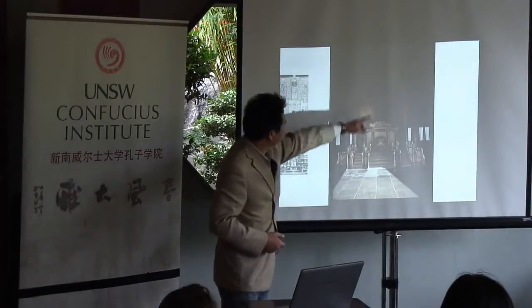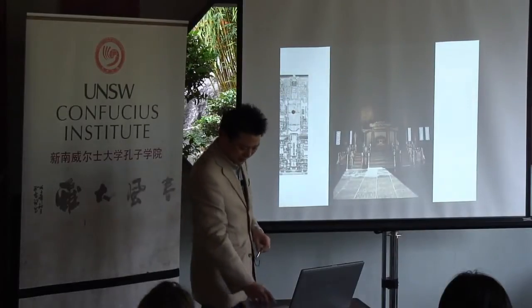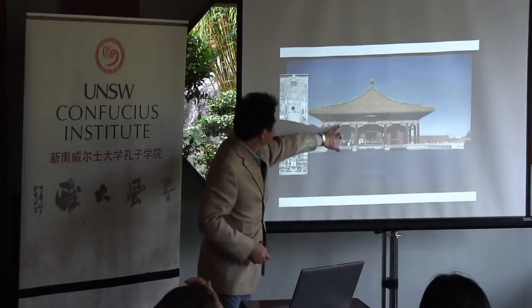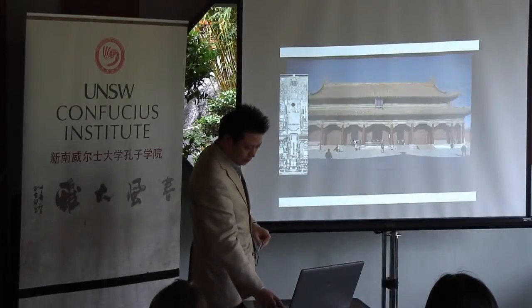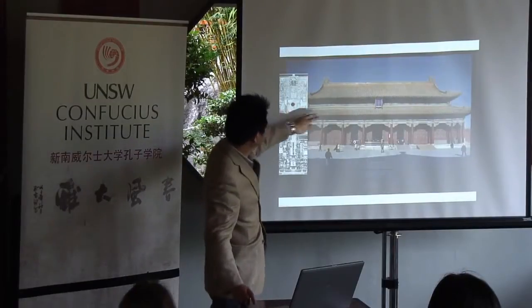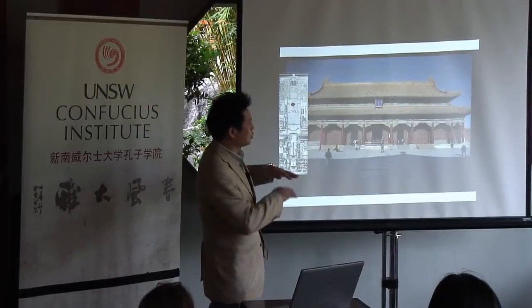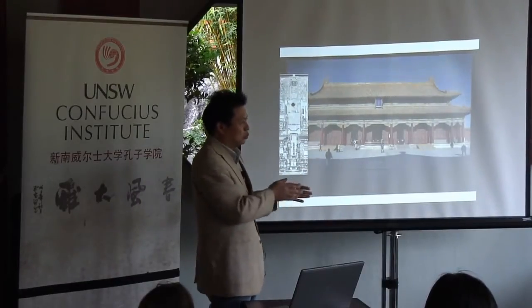The interior of the main hall: this seat is for the emperor. And this building is the Zhonghe Dian. This gate is the Baohe Dian. These 3 main halls are used for the emperor to deal with everything when he is working.